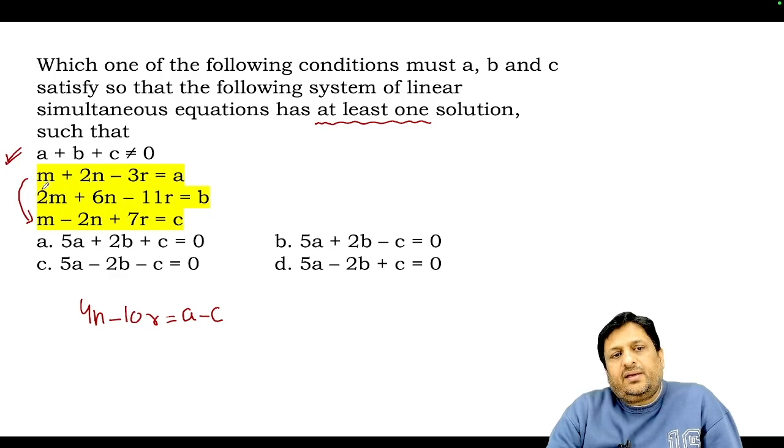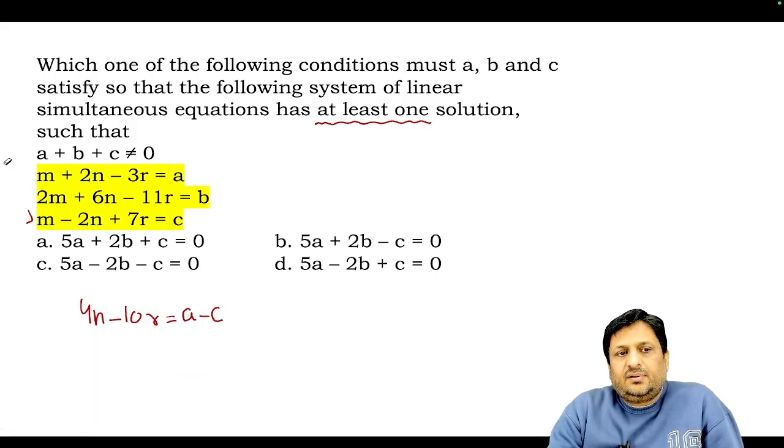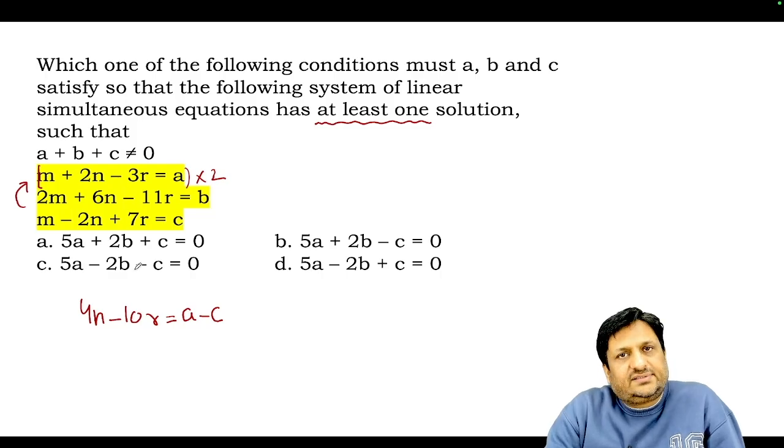Now, if I multiply the first equation by 2 and subtract it from the second equation, 2m minus 2m will get cancelled out.